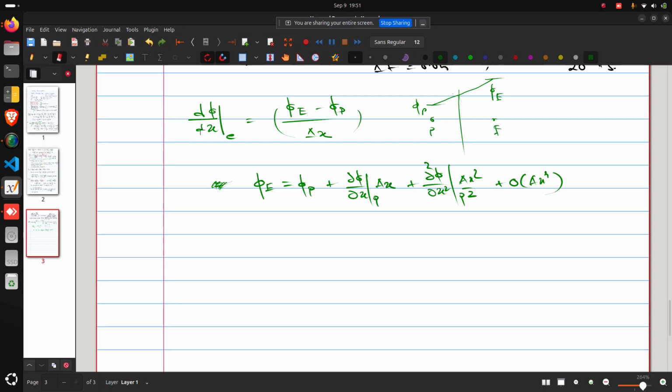I'm sorry, this won't be the case. Yes, so let me just show you the order of accuracy in the spatial context, then we will go to the order of accuracy in the temporal context.